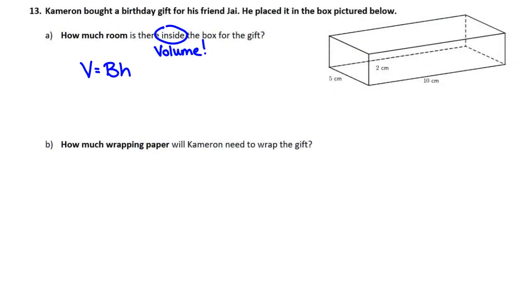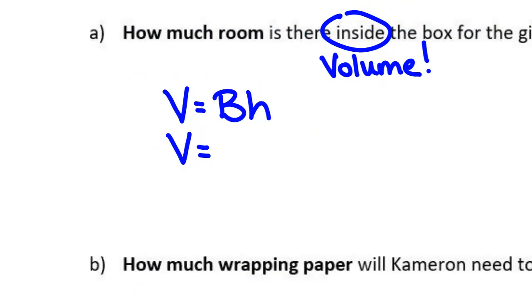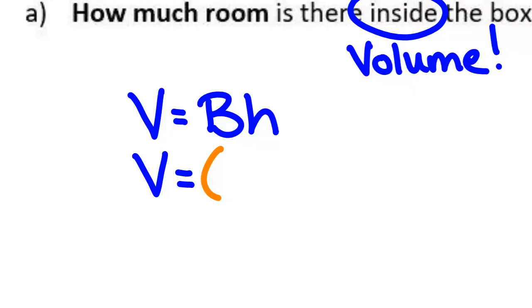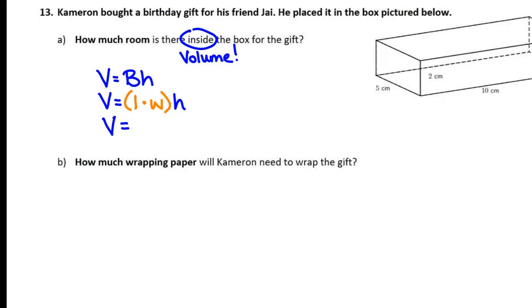What shape is the base of this prism? It is a rectangle. How do we find the area of a rectangle? Yep, so I'd have length times width times the height for my volume. What are we going to put in for the length and the width? 5 and 10.